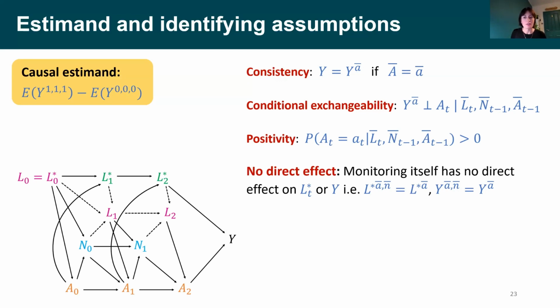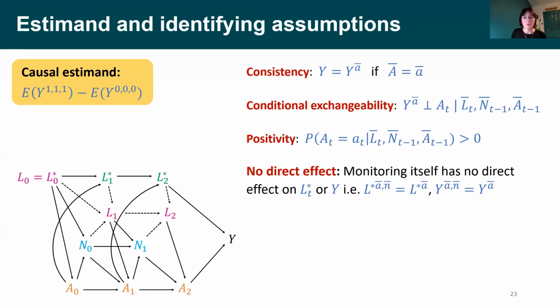Then we have conditional exchangeability, which states that the potential outcome is independent of the actual treatment assignment at time t, conditional on all past observed covariates, past monitoring decisions, and treatment history. This means in practice that we have no unmeasured variables that affect both the treatment and the outcome.